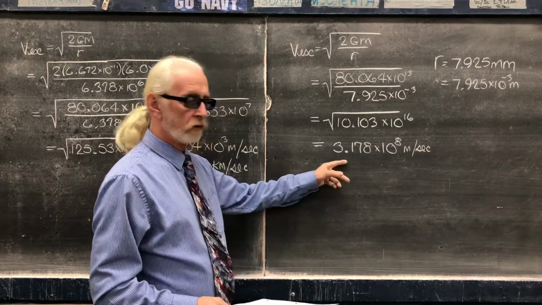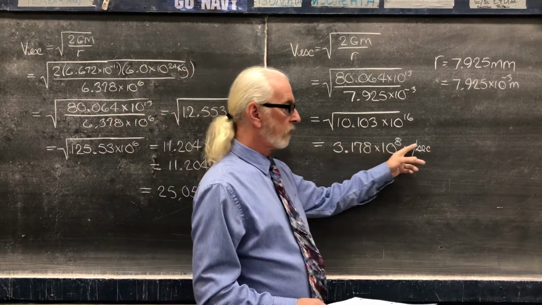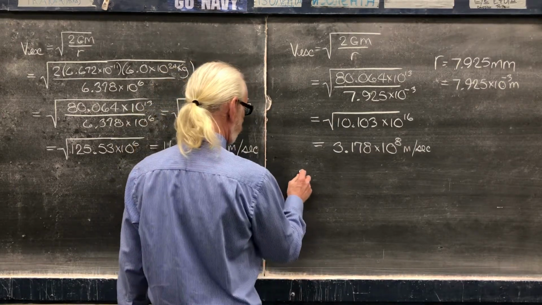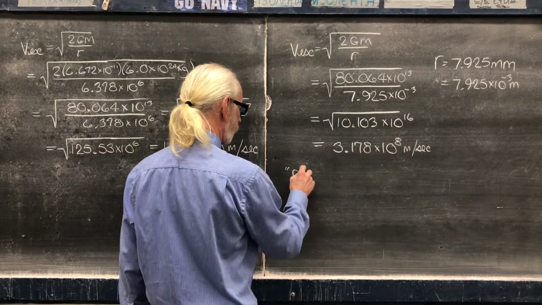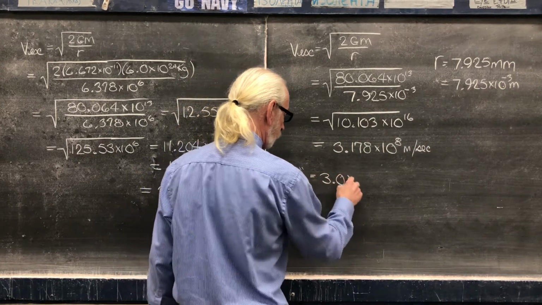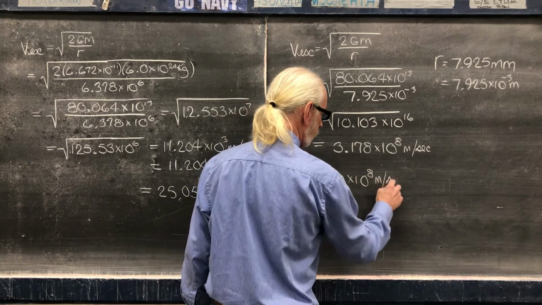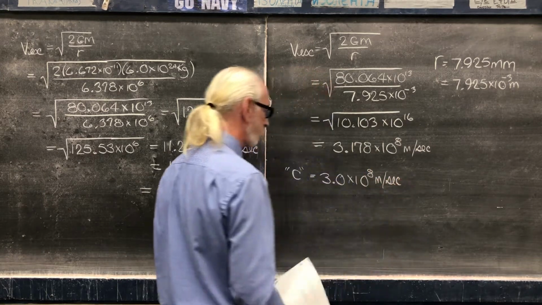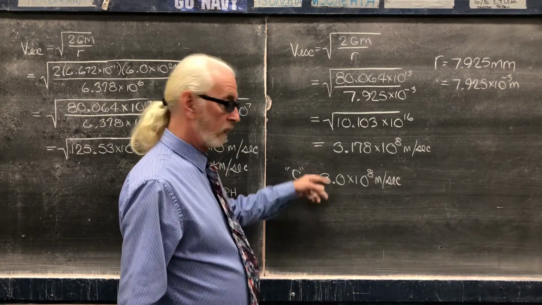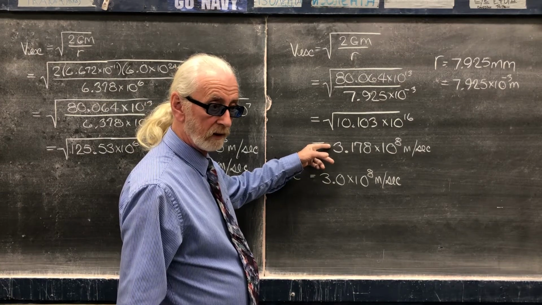Now that number should jump out at you. 3.178 times 10 to the 8th meters per second. If you need a little reminder, how's this? C equals 3.0 times 10 to the 8th meters per second. In other words, that's the speed of light. That is greater than the speed of light.